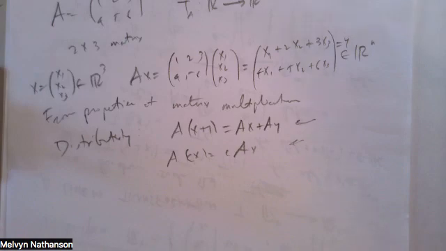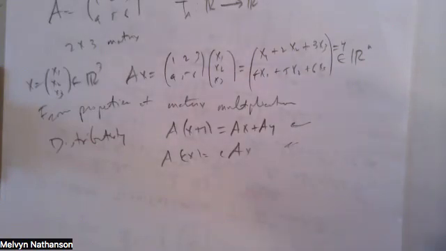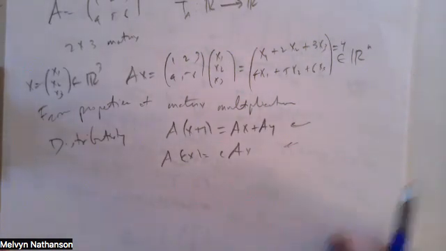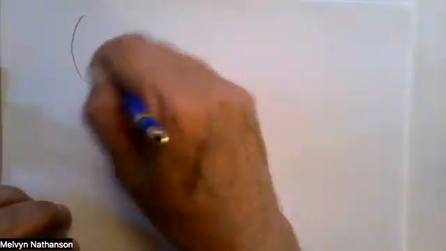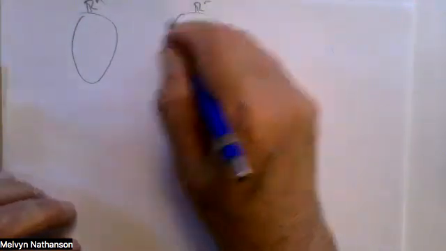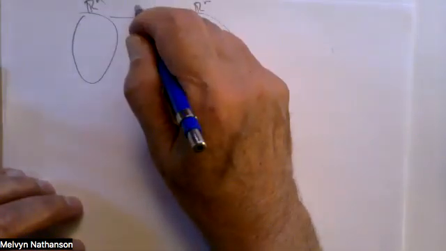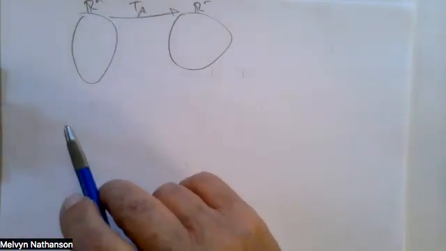And there are various subspaces of Rn and Rm associated to a matrix or associated to a linear transformation. So let me draw a picture to indicate what's going on. Here we have Rn, here we have Rm, and we have this matrix A, which induces a linear transformation from this space to this space.